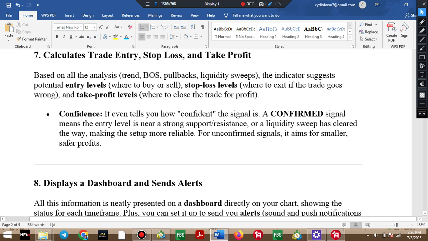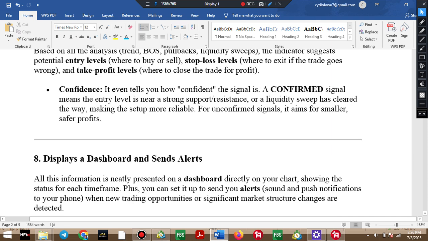That means if these signals are not confirmed, for instance it gives you an entry but didn't confirm if there is a clear liquidity and other conditions inputted into it, it will just give you a minimum. It will calculate a safer place for your entry and exit points.